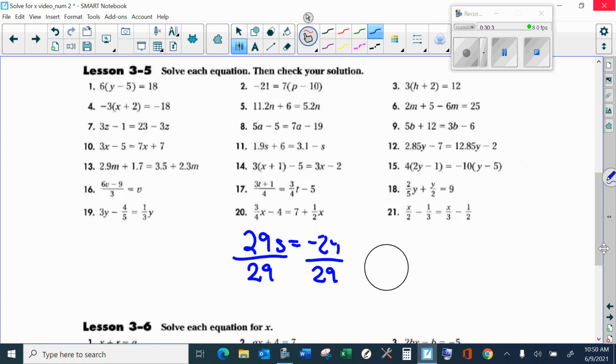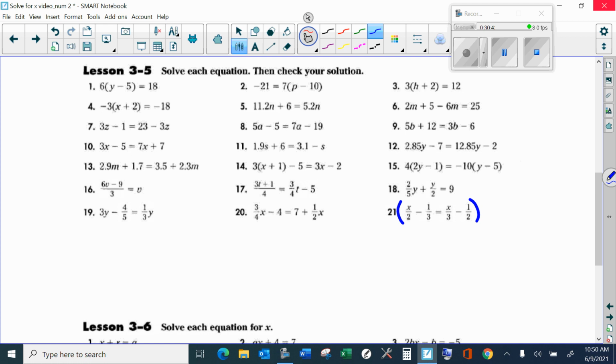Let's do number 21. I want to get rid of the fractions. So I'm going to multiply by the LCM, least common multiple. What's the least common multiple of 2 and 3? It's 6. So I'm multiplying every term by 6 to get rid of the fractions. 6 divided by 2 is 3 times x is 3x. 6 divided by 3 is 2 times 1 is 2. 6 divided by 3 is 2 times x is 2x.